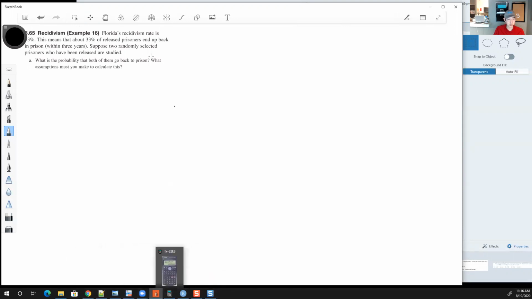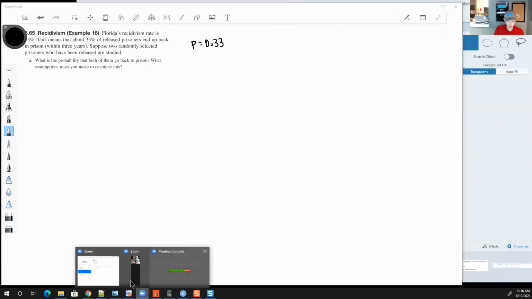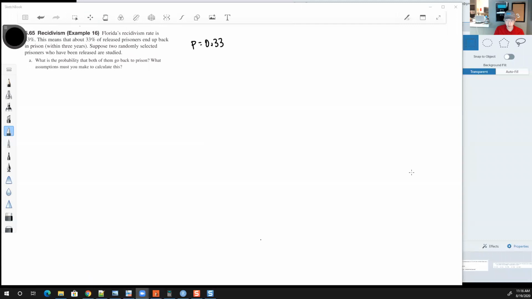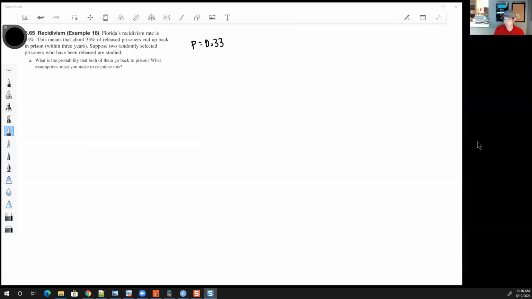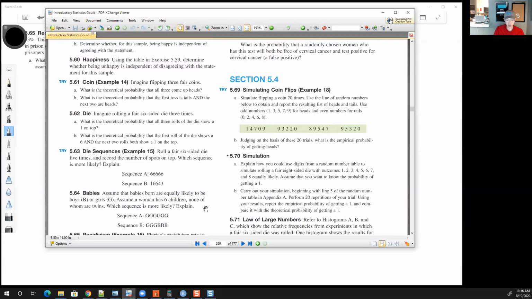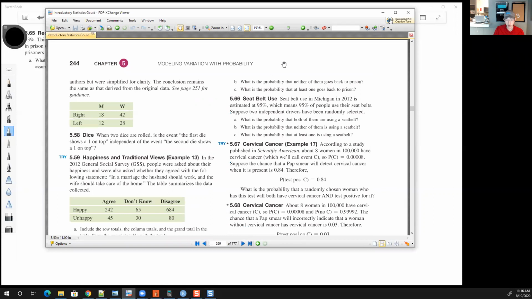Okay, so we have p equal to 0.33. Oh, part C is the particular part of the question: what is the probability that at least one goes back to prison?